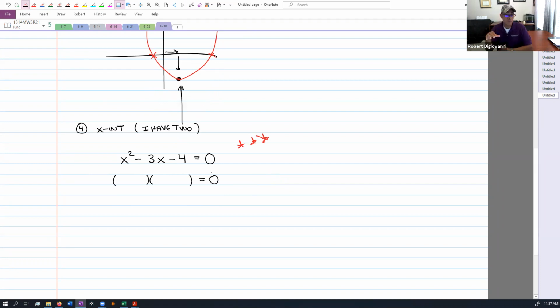And if you can factor, if you're coming from high school and you remember how to factor and you're good at it, I recommend you factor when you can, only because it's much faster, all right, than the other way. So this factors to be x minus 4 times x plus 1. And then you set each of these factors equal to 0.